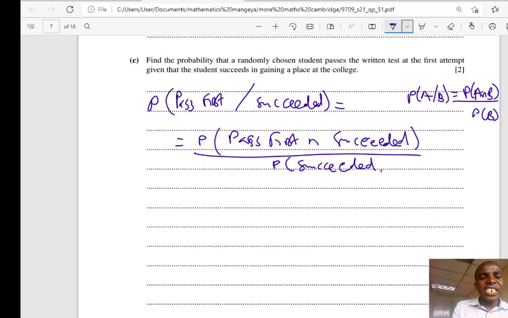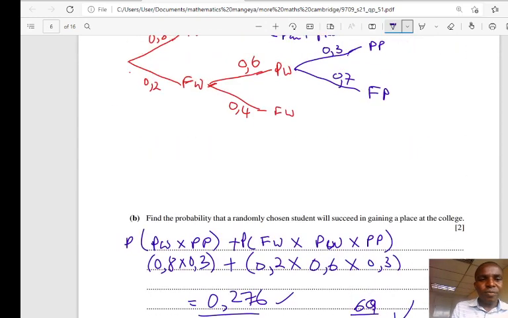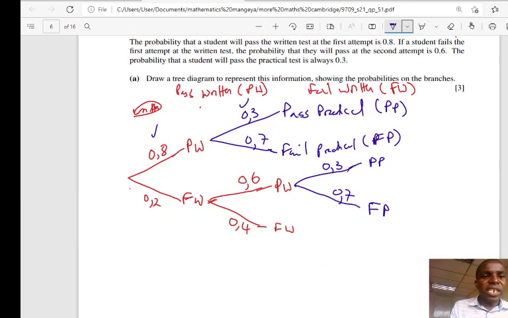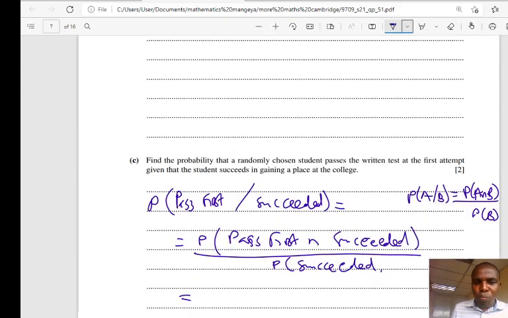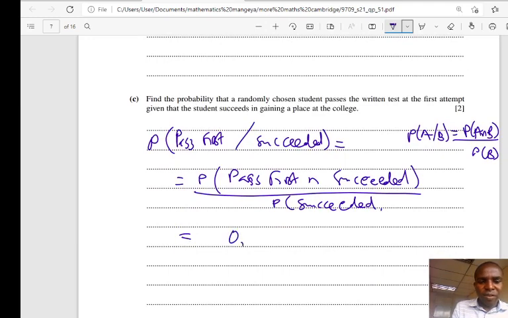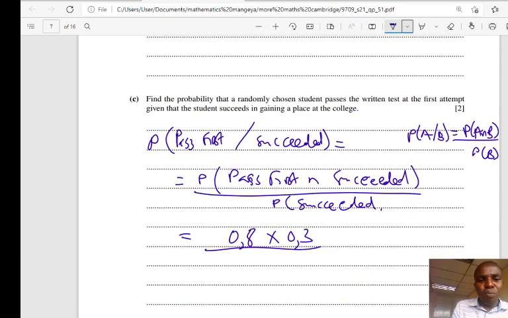So pass intersection succeeded, the first attempt in the tree diagram is 0.8 and 0.3, so 0.8 times 0.3, over the probability of succeeded, which we've worked out as 0.276.